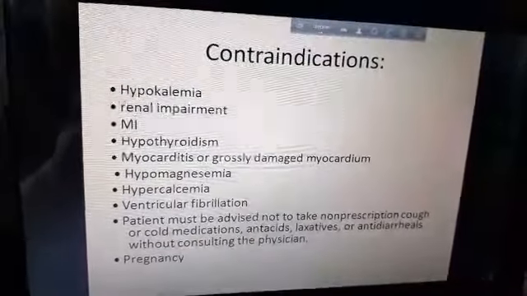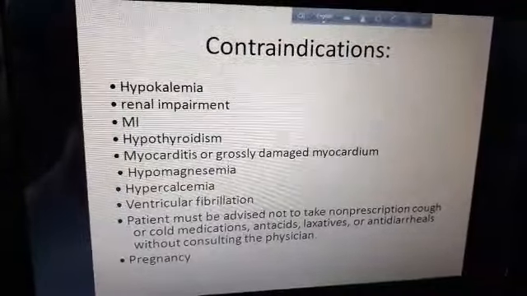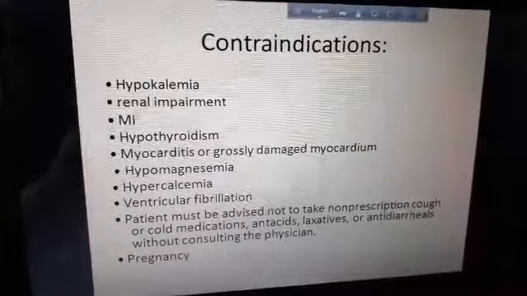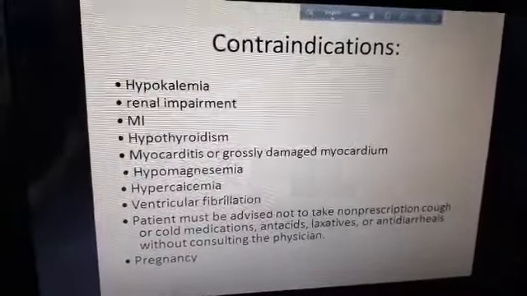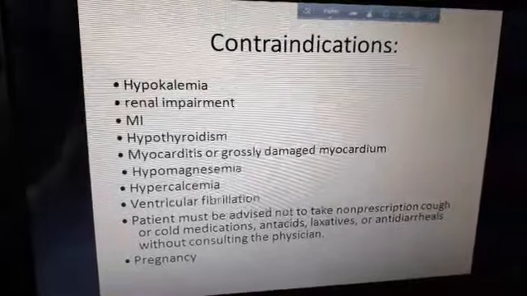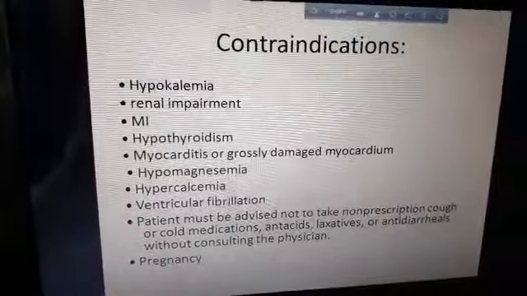Digoxin antibody. Now the contraindications of digoxin. We cannot use it in hypokalemia, because hypokalemia causes more digoxin inhibition of the sodium potassium ATPase channel. In renal impairment, because digoxin is eliminated renally, the dose should be reduced or it is better avoided.